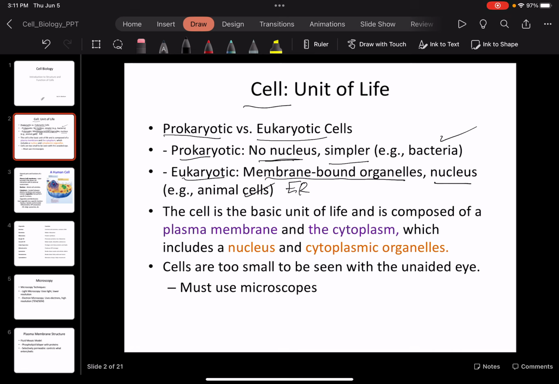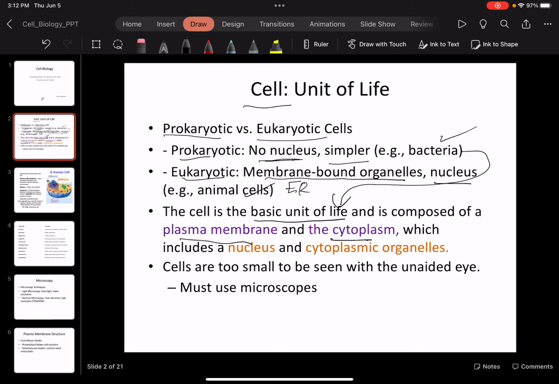The cell is the basic unit of life. Like I mentioned earlier, at least one cell, bacteria, unicellular. It is composed of plasma membrane and cytoplasm. That's the basic structure. Some of them have additional structures.